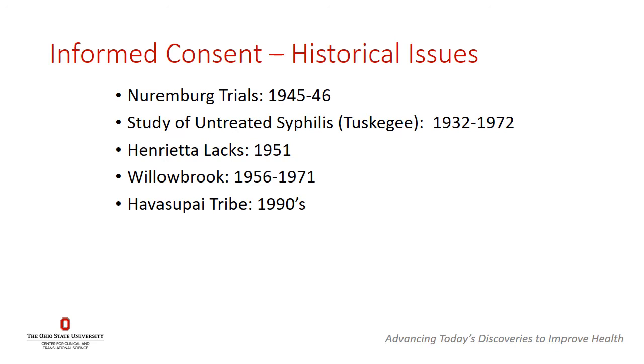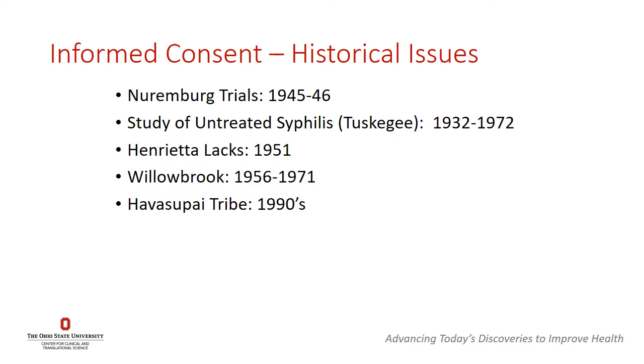Henrietta Lacks's story began in 1951, when she initially was diagnosed with a severe, rapid-growing cervical cancer. As part of her operation, cells were retained and became used in a wide variety of preclinical studies.